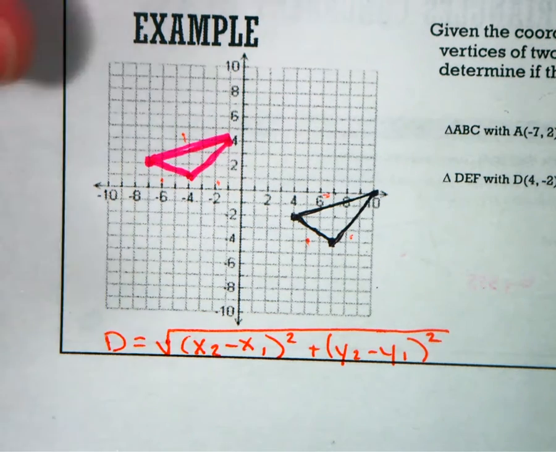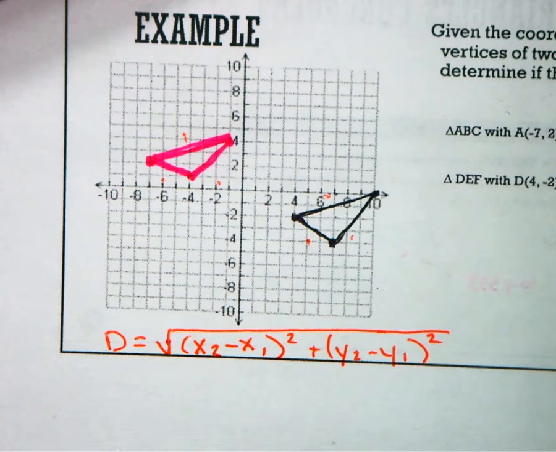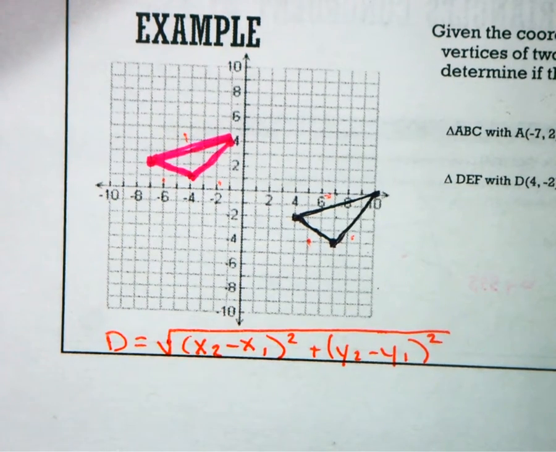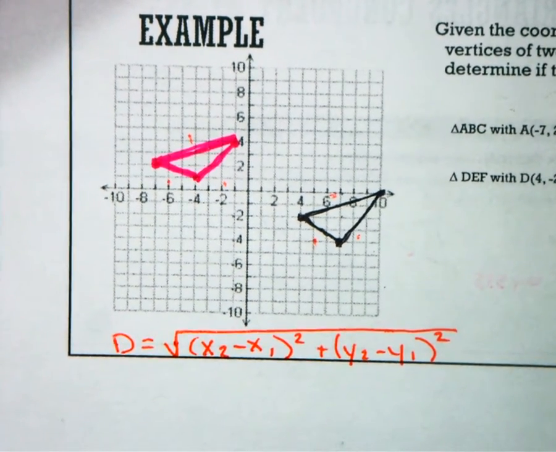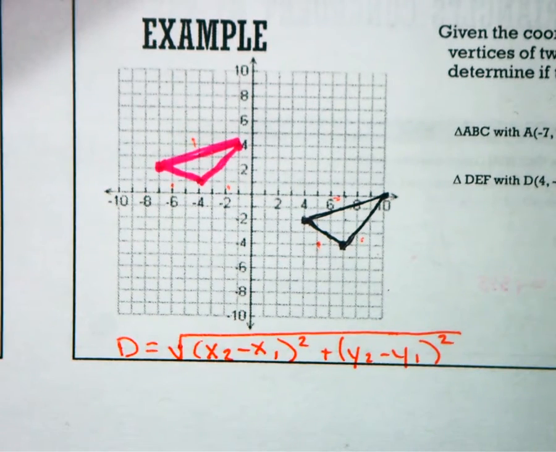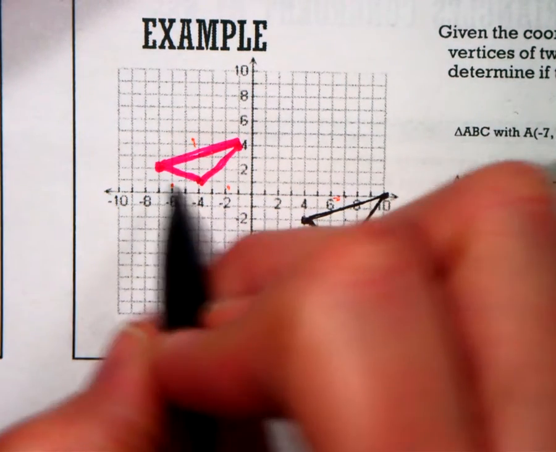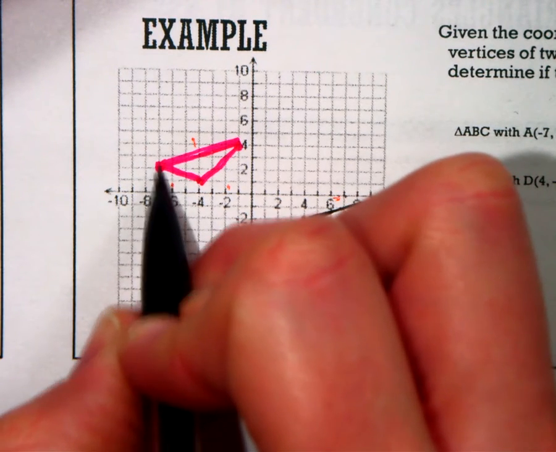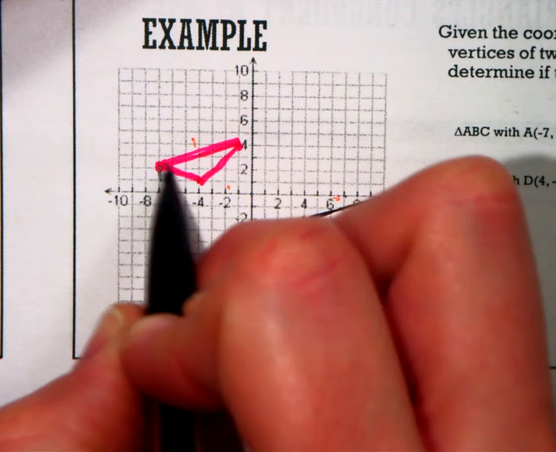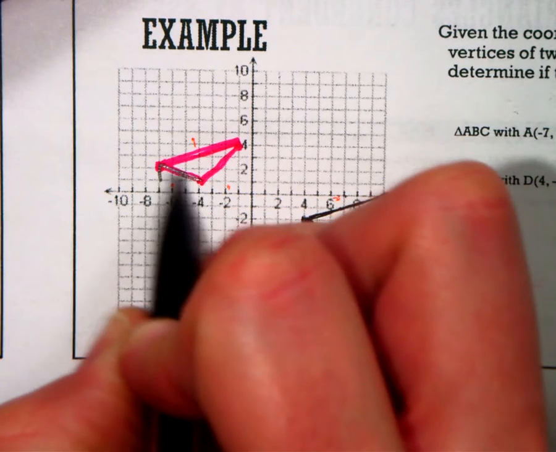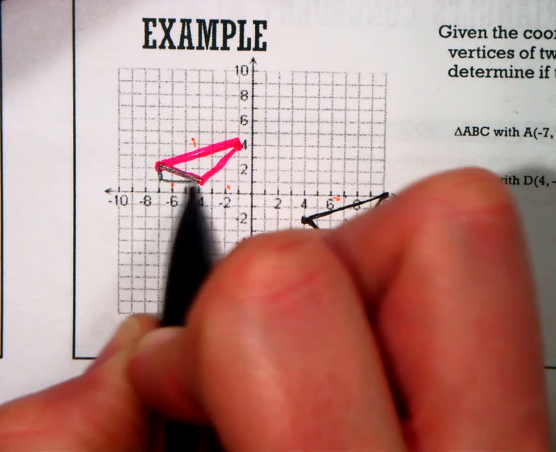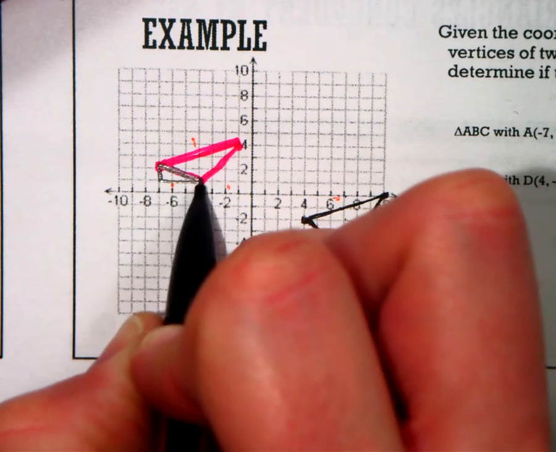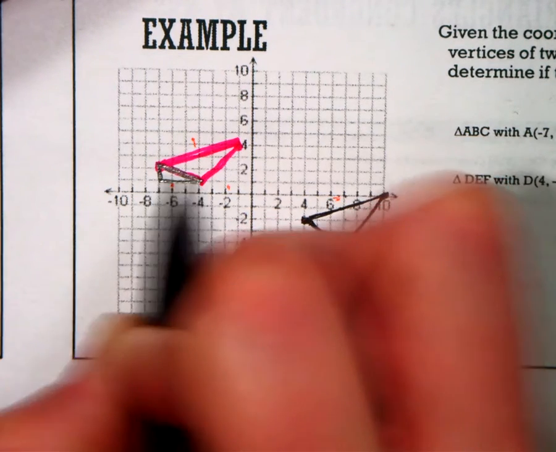However, I think because we're in geometry, it's better to use a geometry theorem when you are finding the distances or the lengths. So what I'm going to do is make right triangles, and I'm going to use the Pythagorean theorem. If I want to find the length of this side, I'm going to make a right triangle right here. And I can count the sides of that right triangle.